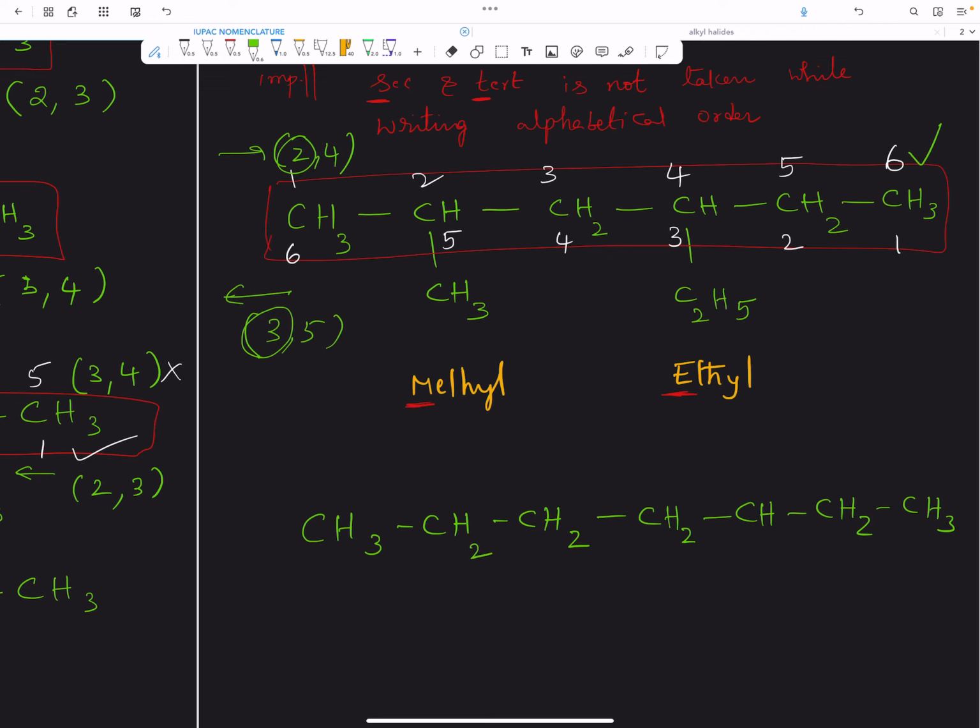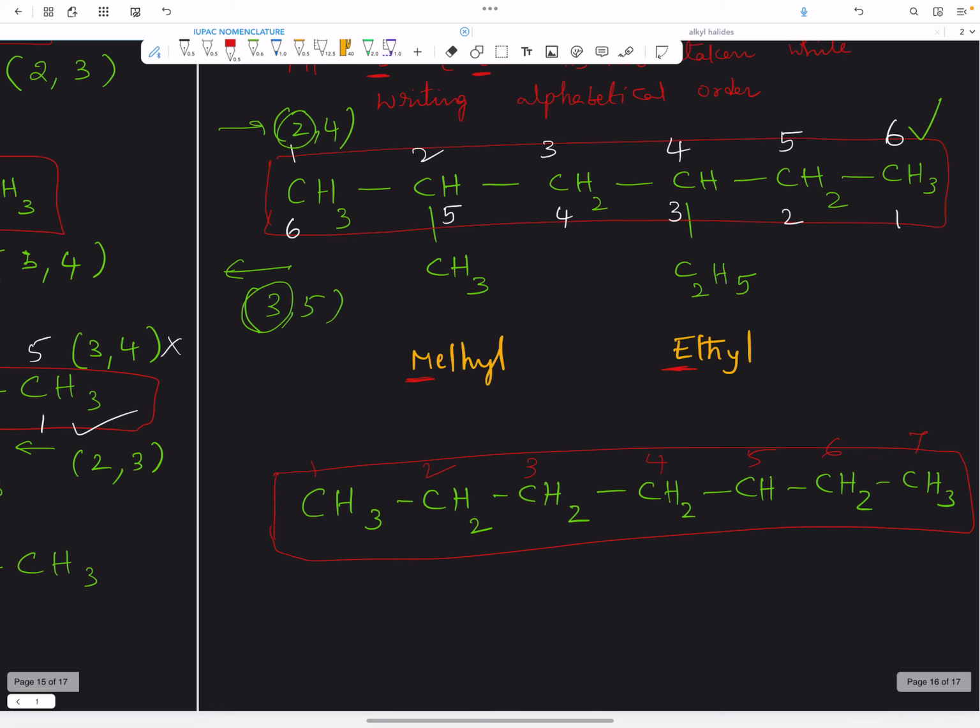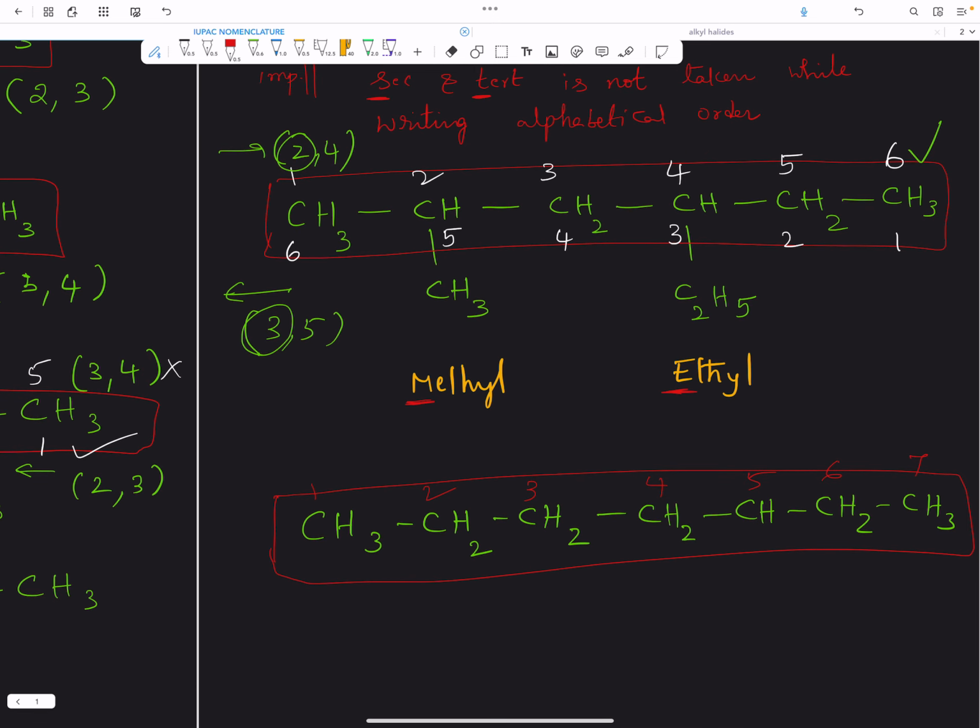Here it is a straight chain, and the longest carbon chain contains 1, 2, 3, 4, 5, 6, 7. As there are no substituents, numbering has no importance. Let us take this example.